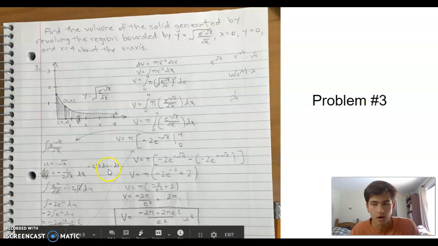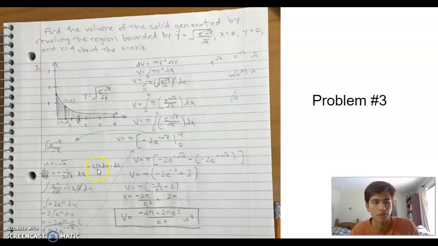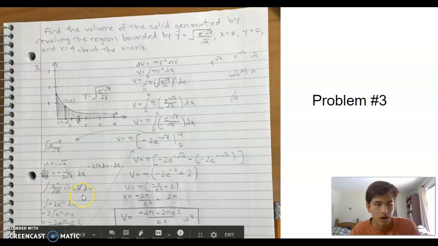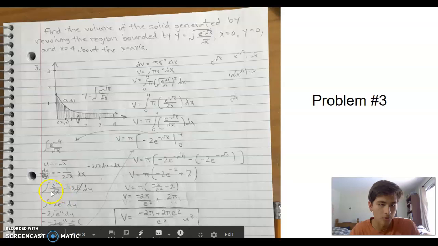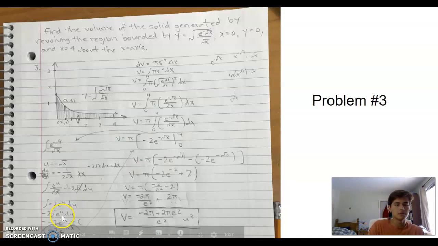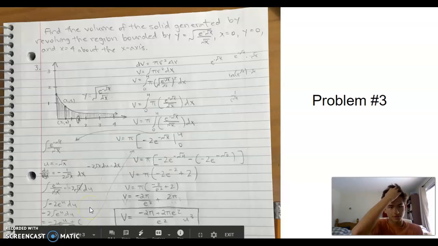Then I did a little algebra manipulation so that I could properly substitute. So I got negative 2 root x du equals dx. And so I plugged the respective variables into the integral. So I ended up with e to the u over root x times negative 2 root x du. There's some nice cancellation. So then I end up with the integral of negative 2 e to the u du, the negative 2 because it's a constant.